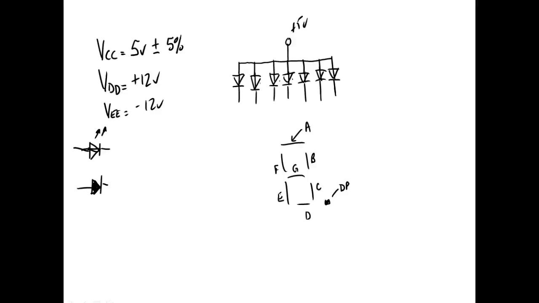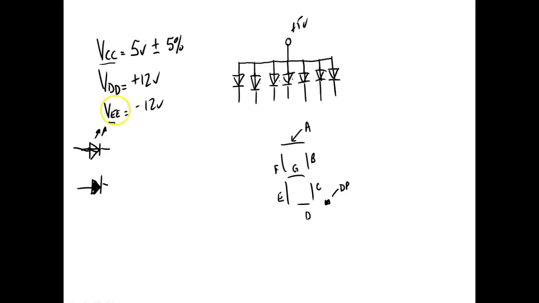It's the drain voltage on a FET. A FET is a type of transistor that's used a lot in digital circuitry. They're used in CMOS, complementary metal oxide semiconductors. Those use FETs, and these are just the names of the voltages. VCC is a term we use for the collector voltage on a bipolar transistor.